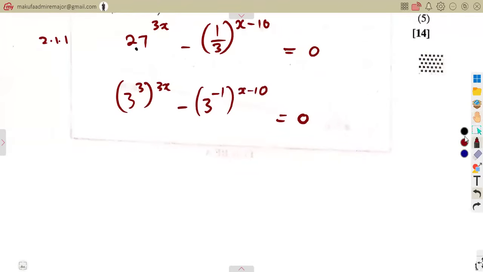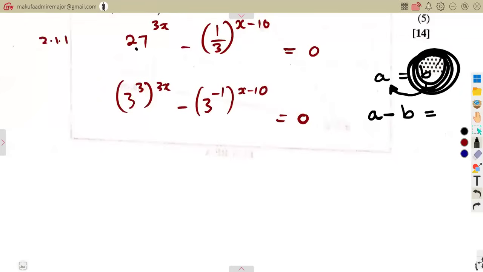So what they were trying to do here, guys, is that remember, if A is equal to B, I can take this to the other side and write it as A minus B is equal to, I have removed B, so nothing remained.